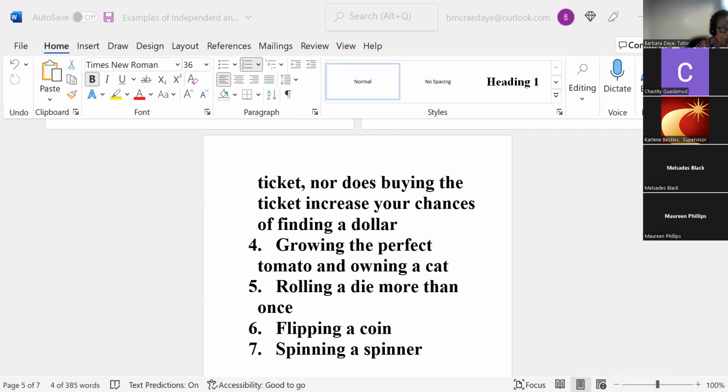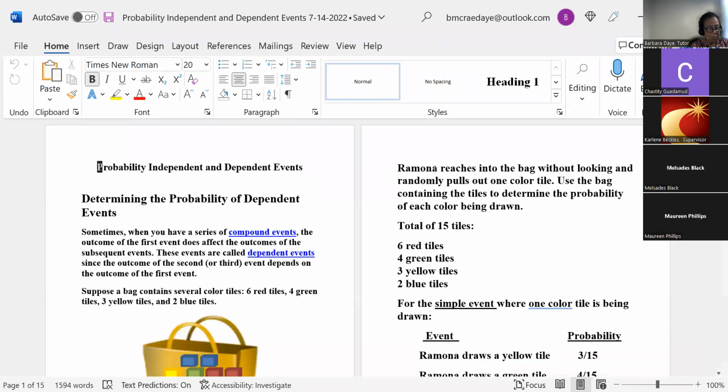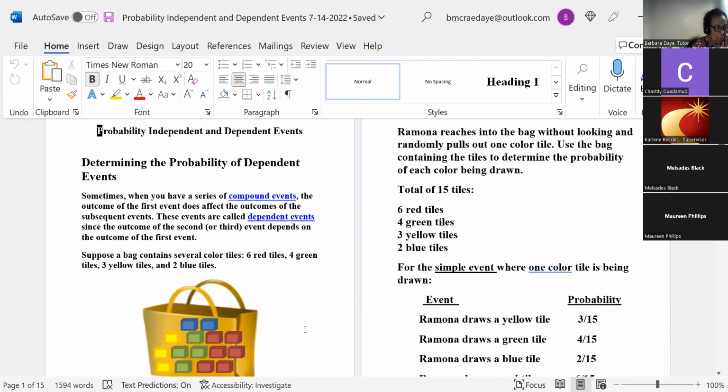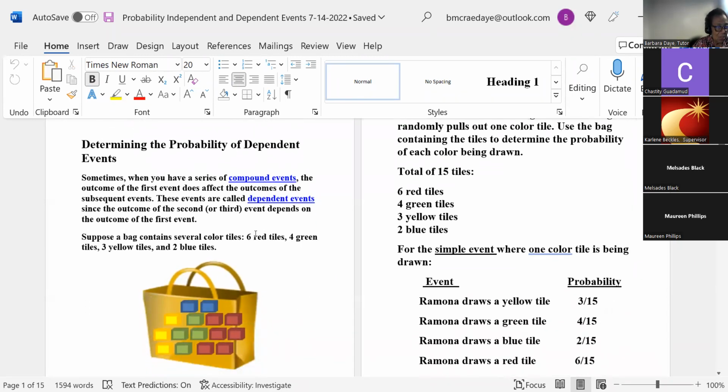Okay, here we go. Now we were doing probability before, right? Now we're going back to probability. I think I went through this, but I just want to go through it again. With our tiles, you have 6 red, 4 green, 3 yellow, 2 blue, a total of 15.